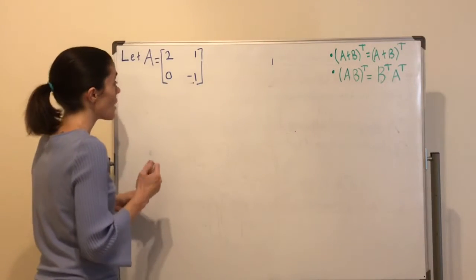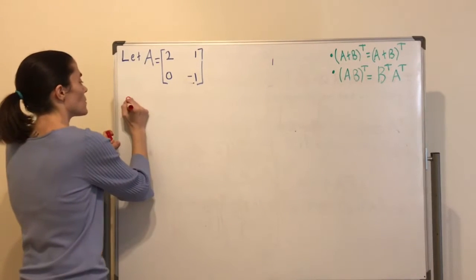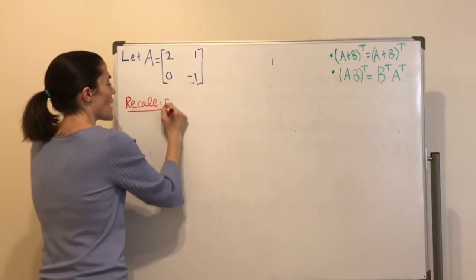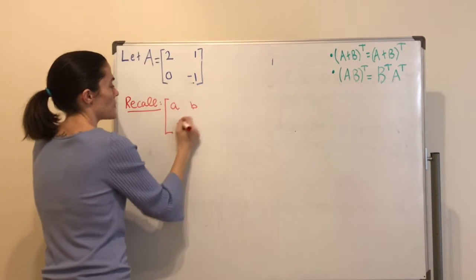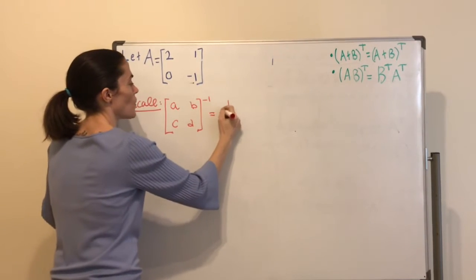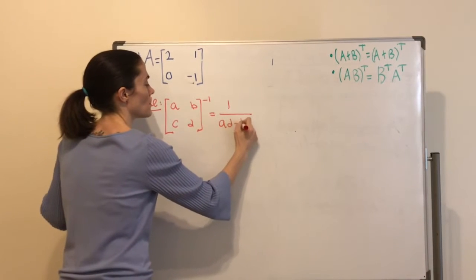Maybe I will recall this in red. If you have a 2x2 matrix, A, B, C, D, and you take the inverse, it's 1 over AD minus BC.